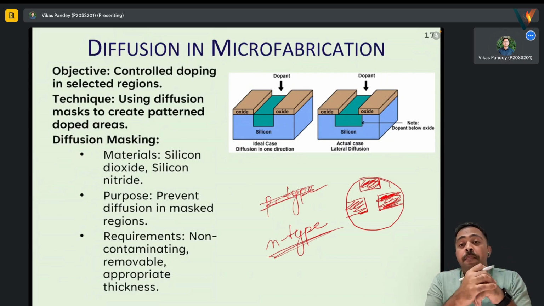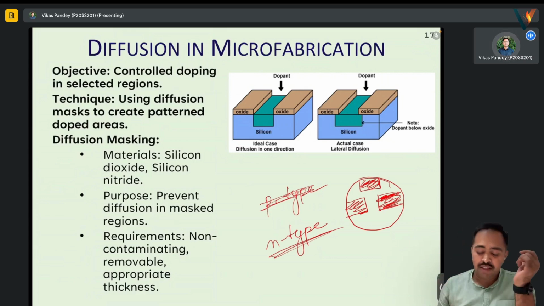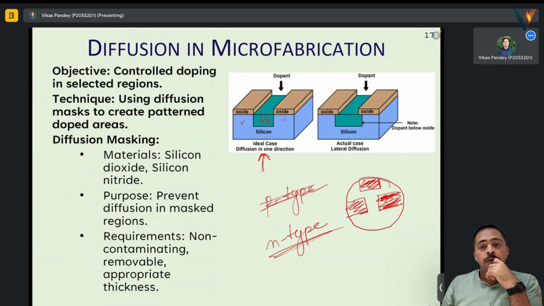And ideally, what should happen is a structure like this should be made, that the area below the mask will have no diffusion and the open area will have diffusion to a certain depth. But actually, it occurs something like this, where the diffusion occurs even somewhat below the oxide, and it will not be square kind of, it will be something like this. Again, a Gaussian kind of profile will be formed.